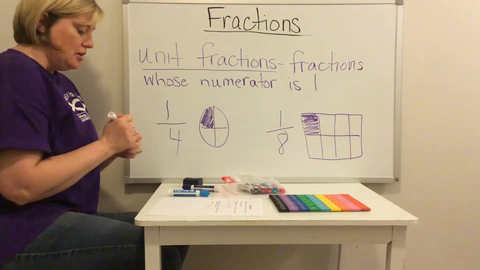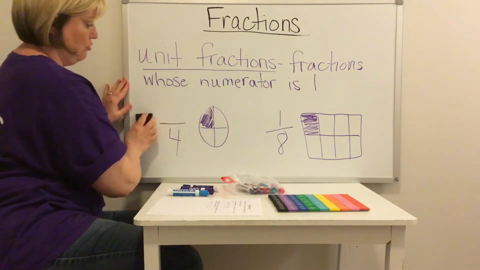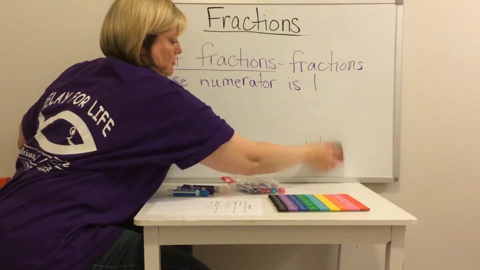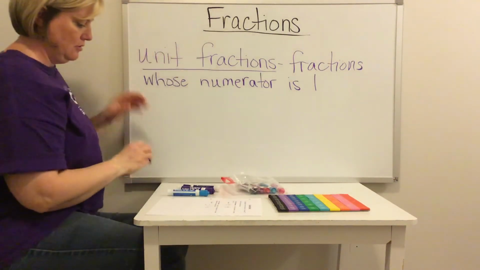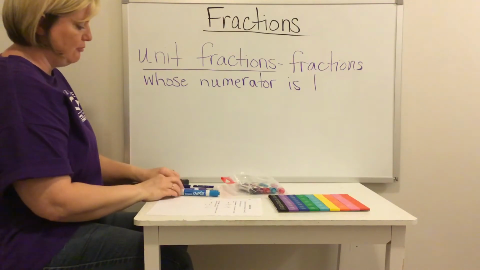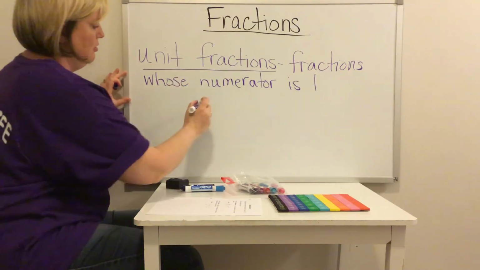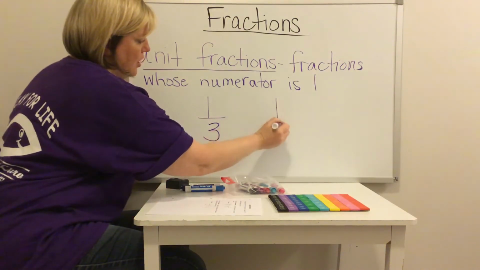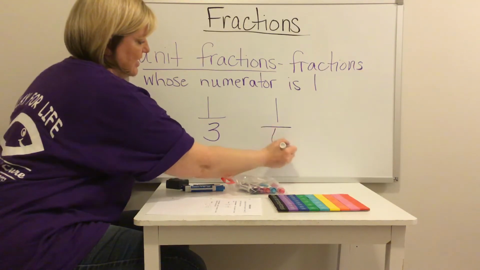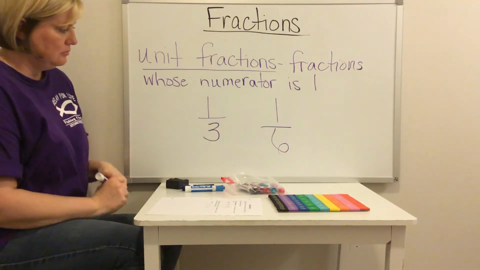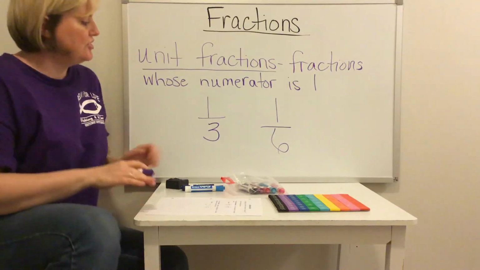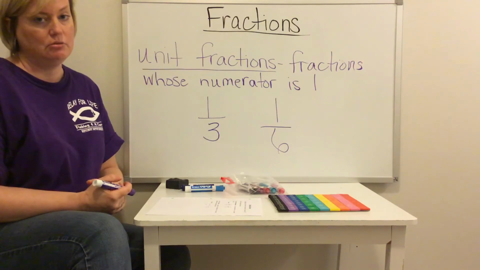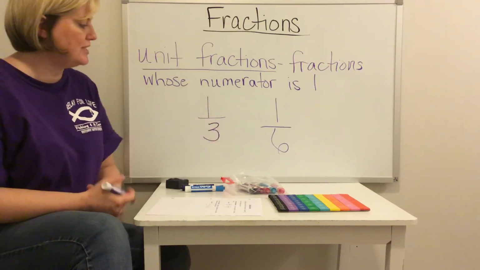Now, when you are comparing unit fractions, it's a little trickier. Okay? For example, if we were to compare 1/3 with 1/6. Now, you might look at those two fractions and say, oh, well, 6 is the bigger number, so that must be the bigger fraction. 1/3 is less than 1/6.